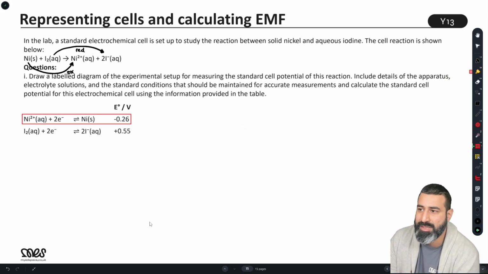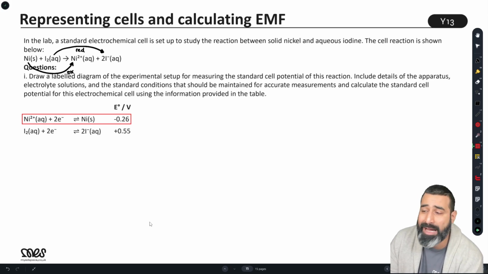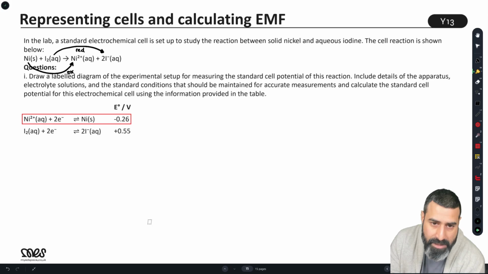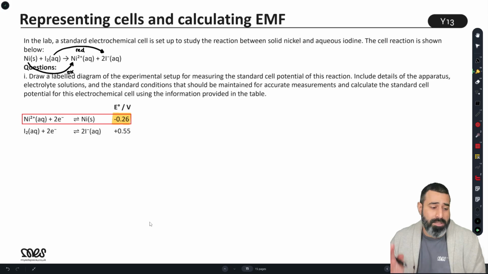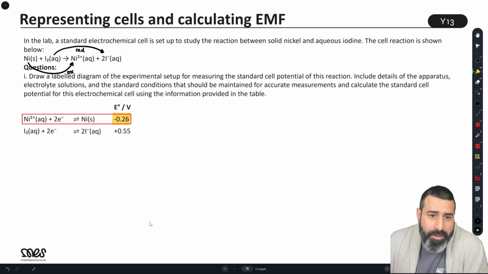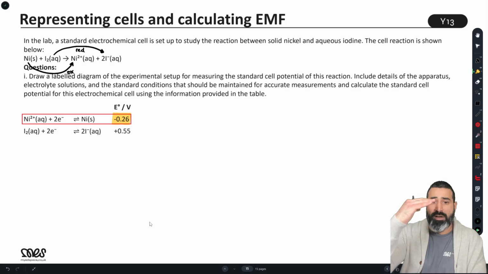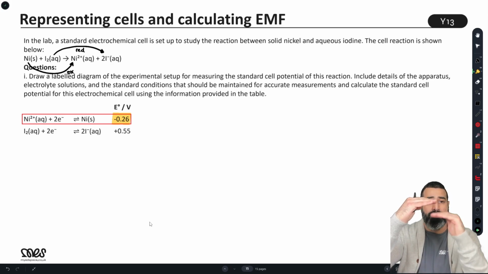And what this shows is that relative to hydrogen, nickel is more likely to give out electrons because of its negative reduction potential. Remember the standard hydrogen electrode has this value of 0, and relative to that, nickel is more negative, so more likely to give out electrons compared to hydrogen.